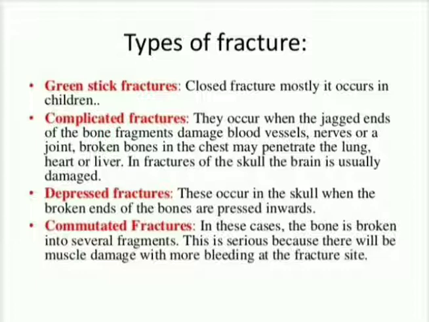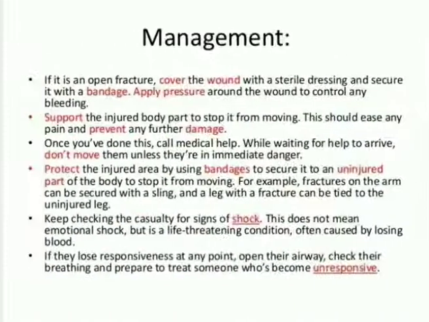Next, depressed fractures, in which the fracture fragments are driven inwards. And next, comminuted fractures. The bone is broken into several fragments and it is very serious because bleeding occurs at the injured site. These are the types of fracture.